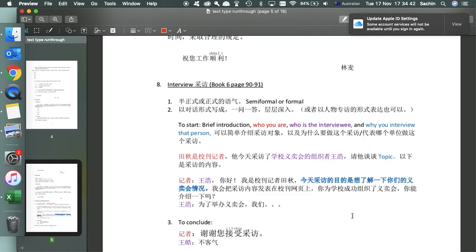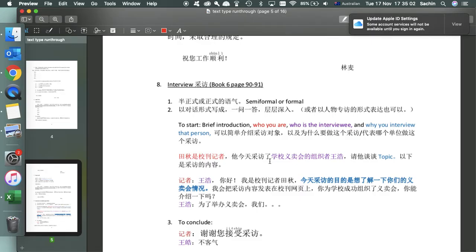So for the latter point, why you want to interview them, that's where you usually introduce the issue you want to discuss. So in this case, what they've said is 签手是校刊记者. So 签手 is the school magazine reporter.